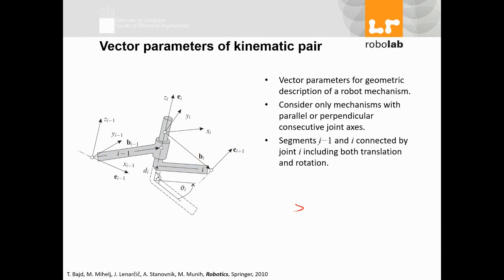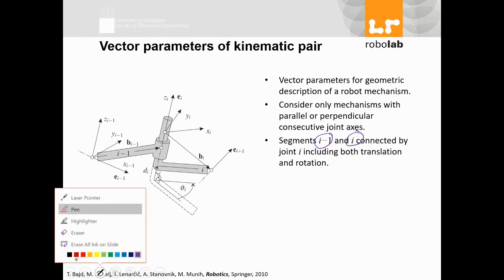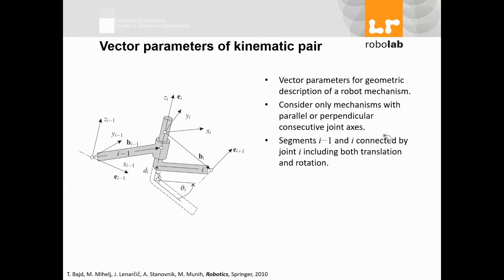Segments, like segment 1, segment 2, segment 3, like segment i-1 and segment i, okay, connected by a joint including both translation and rotation. So between segment i-1 here and segment i, let's say here, you have a link, a combination of both.